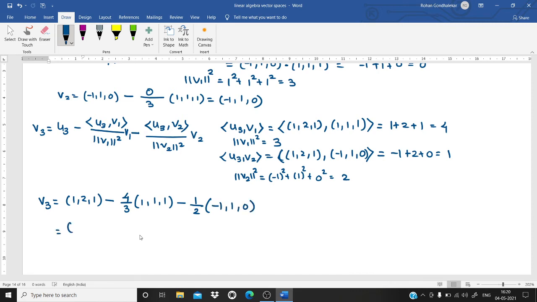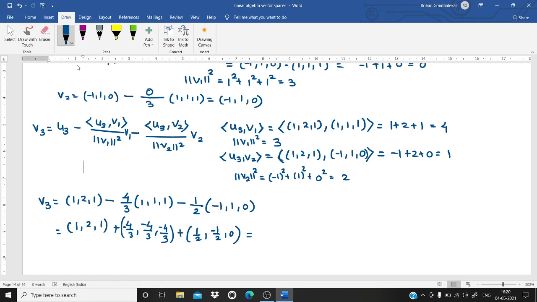Fine. So this is (1, 2, 1) minus (4/3, 4/3, 4/3). Outside there is a plus sign, plus (-1/2) into (-1) becomes plus 1/2. So hence I have (1/2, -1/2, 0).